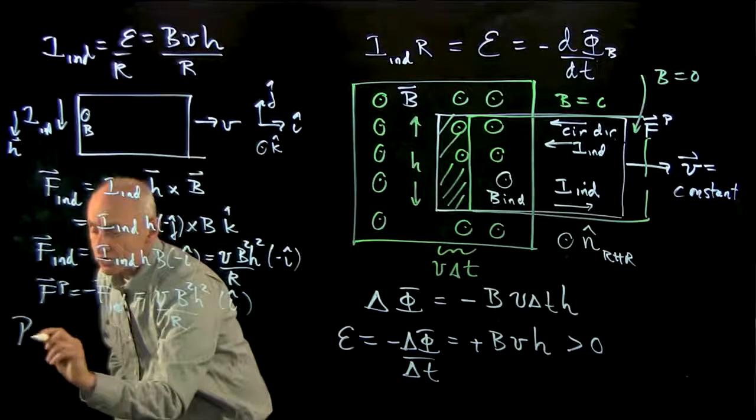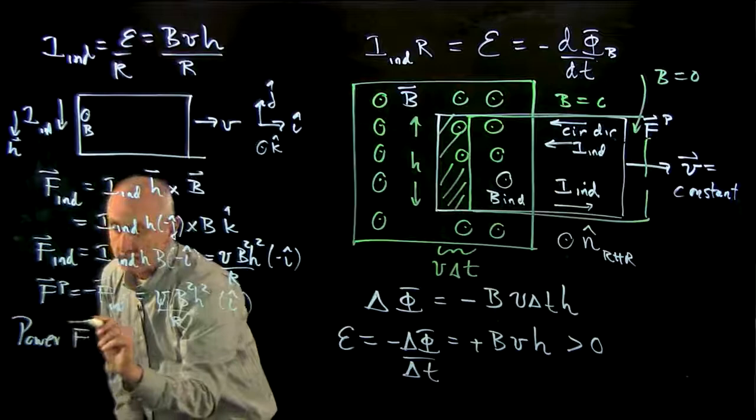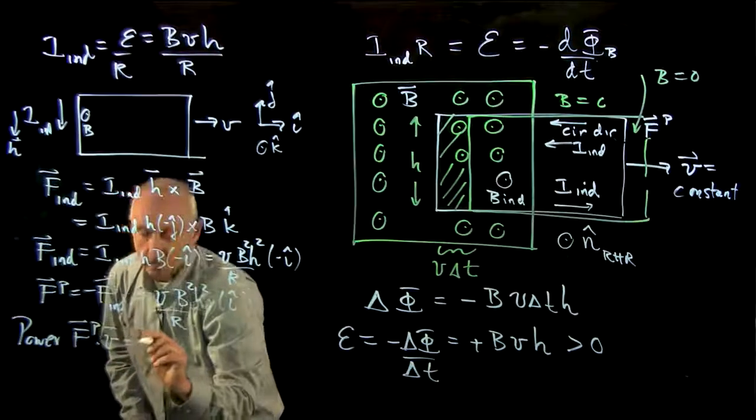Now I'm putting energy into this system, and recall power is F pulling dot v.